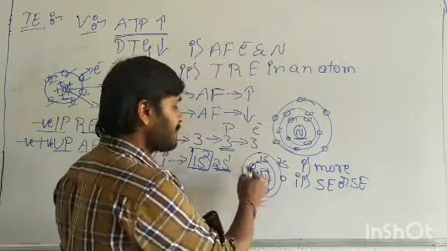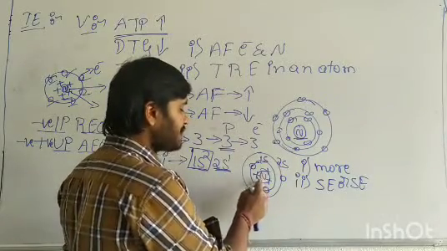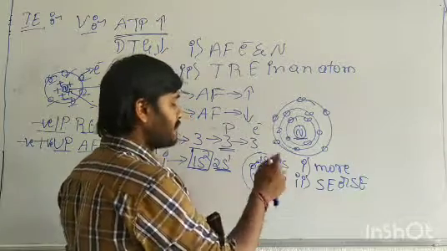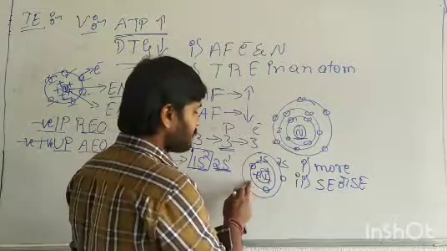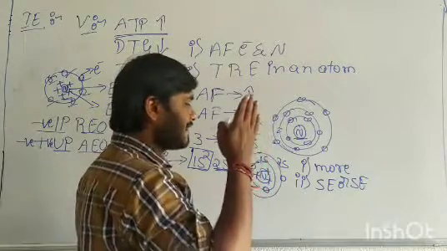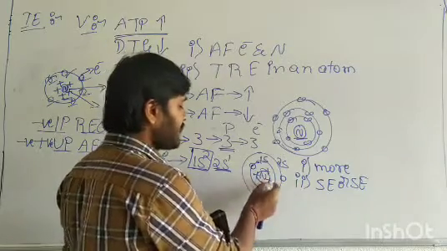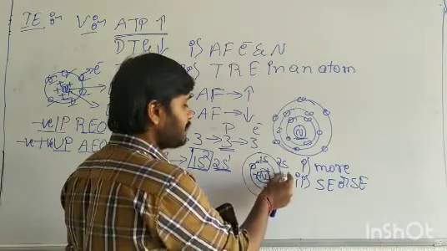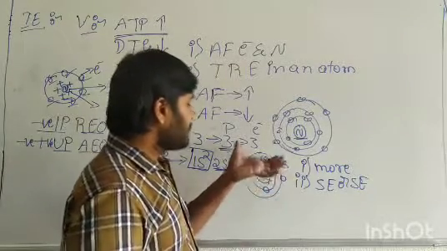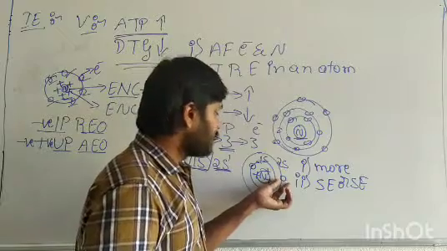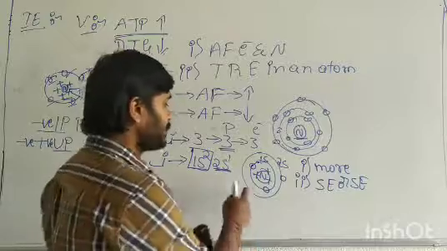Because of this screening or shielding of the attractive force of the nucleus, the net charge experienced by your 2s electrons will be less compared to 1s.